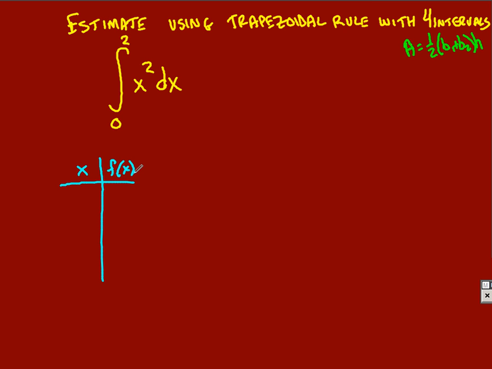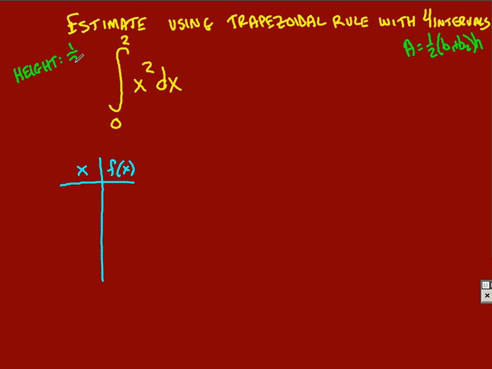If I'm going from 0 to 2, what is the width of each interval? In this case, that would be the height in my area formula, the width between them. If I go from 0 to 2 with 4 intervals, the way to find that is I subtract, 2 minus 0, then divide by my intervals.